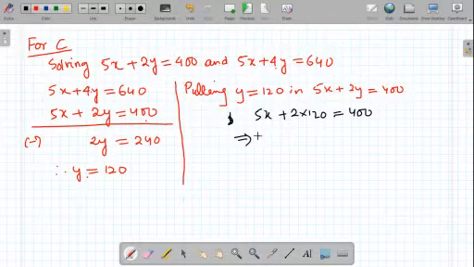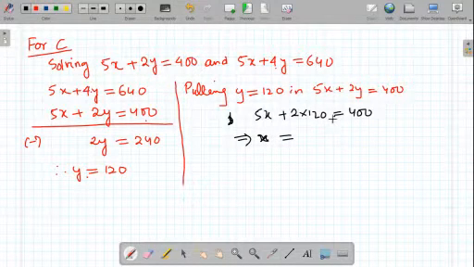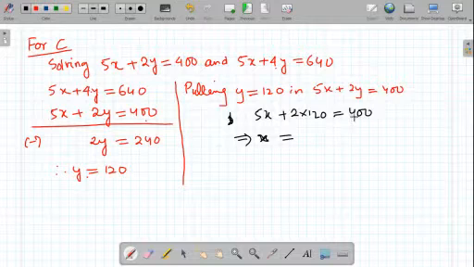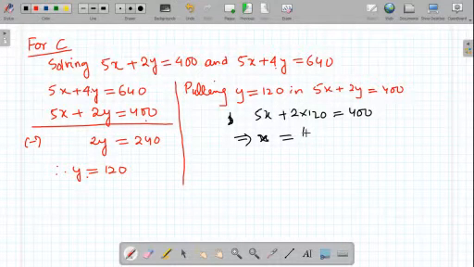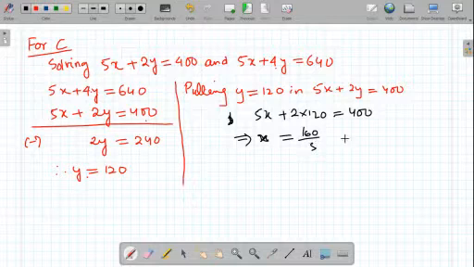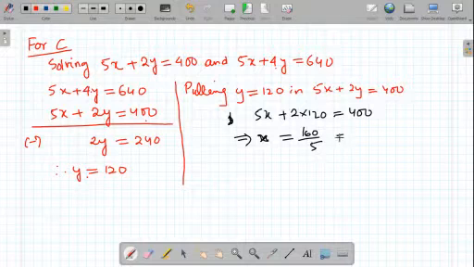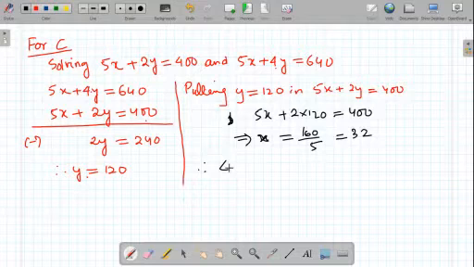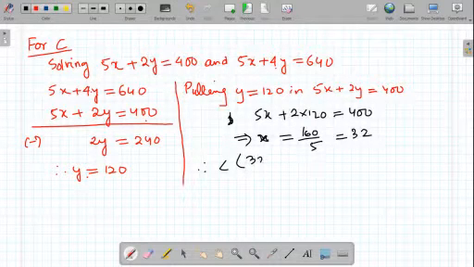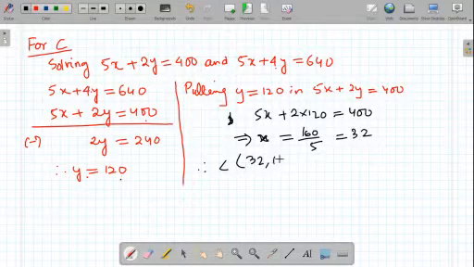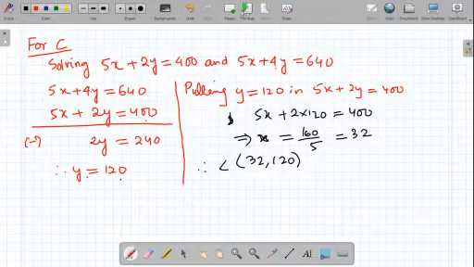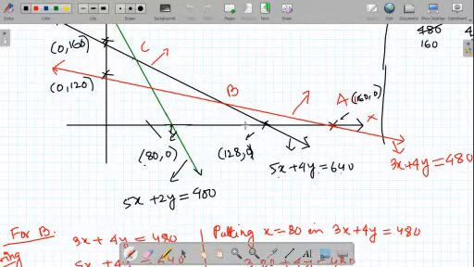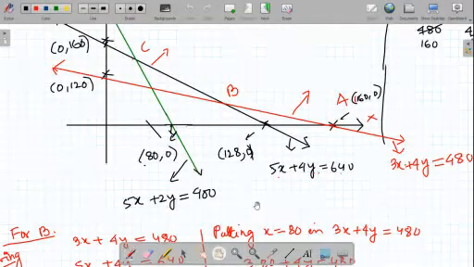Now if you solve this equation, what is the value of x? See, 400 minus 240 will be 160, right? So 160 divided by 5 will give you 32. So my coordinate of C is going to be, x coordinate is 32, y coordinate is 120, right?